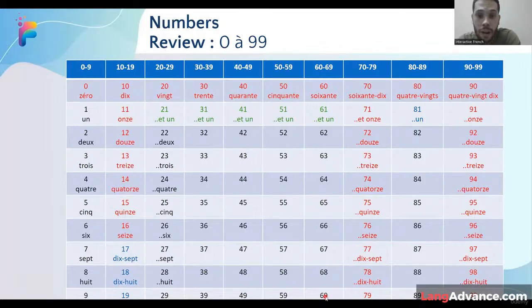All right. Now 70 to 79. So it's a little more complicated, right? Slightly. So yeah, bear with me for this one. So 70, 71, 72, 73, 74, 75, 76, 77, 78, 79.